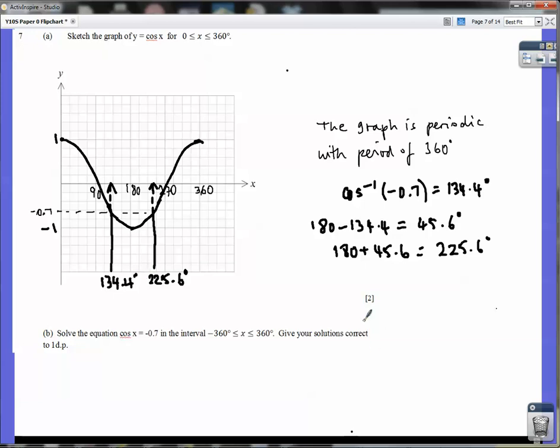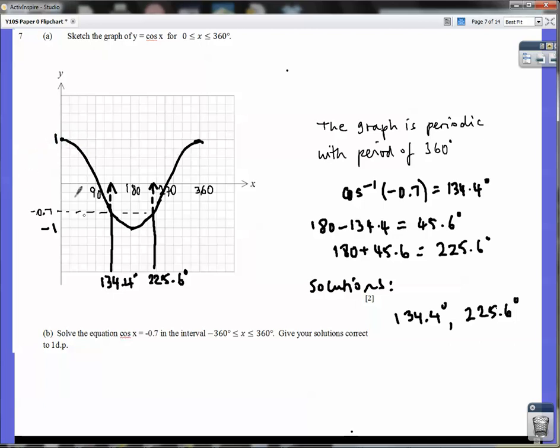So my solutions are going to be 134.4, 225.6. And then you can look at this in one of two ways. You could either say 134.4 subtract 360 and 225.6 subtract 360, and you get the answers. Or you could say, well, if I continue this graph to the left, I'm going to have a symmetrical shape.